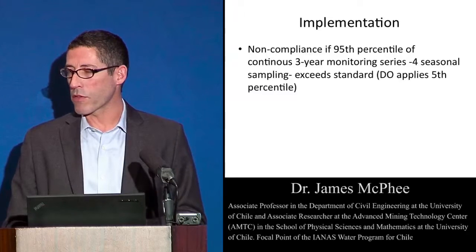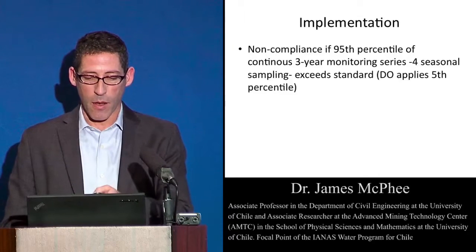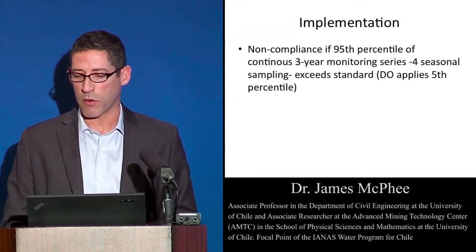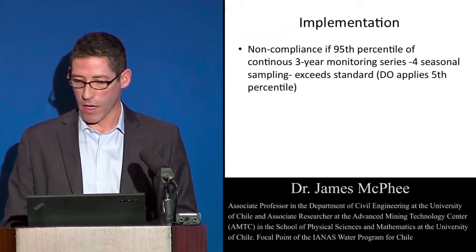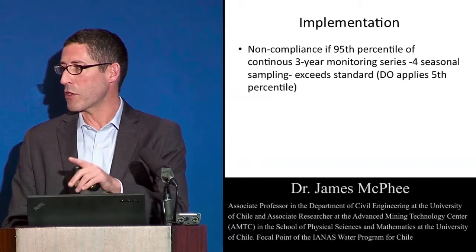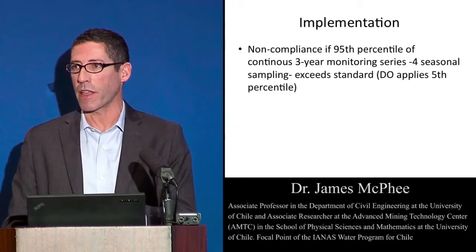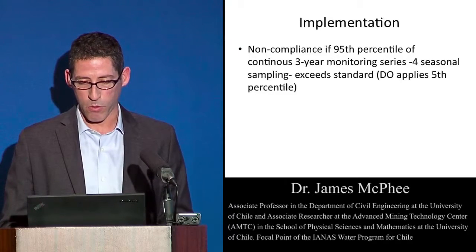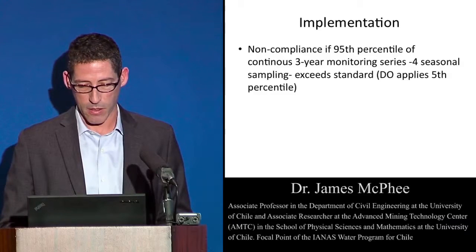The non-compliance of the standard, and this is important, happens when the 95th percentile of the continuous 3-year monitoring series is not met. And this was a point of contention because the initial draft of the standard said the 66th percentile, which was very lax. And now it was moved to the 95th percentile.